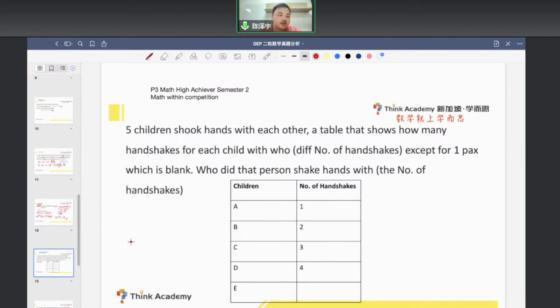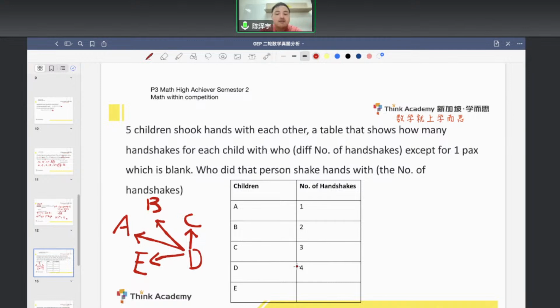The best way to solve it is to write down the children: let me write down here A, B, C, D, and E. Let's say they stand in a circle and do the handshake. Let's start from the biggest number, D. D shakes 4 times, which means D shakes hands with E, A, B, and also C. D cannot shake hands with himself, so that's why D's maximum is 4 times.